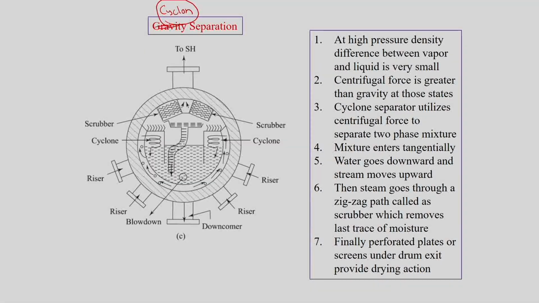So, what do we mean by cyclone separator here? We are at very high pressure, and at those high pressures, as we go close to the critical point, the specific volumes or densities of vapor and liquid water try to become the same. So, the density difference is small, and we practically are not able to distinguish between vapor and the liquid.